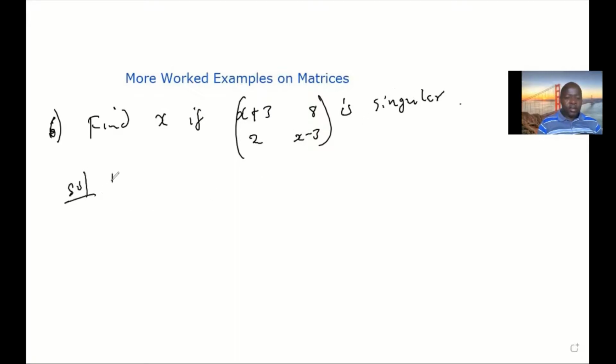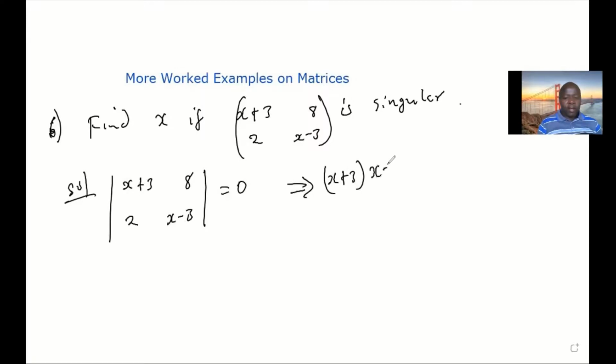We already know that the determinant of a singular matrix is 0, so let's find the determinant and equate it to 0. This will be x plus 3 multiplied by x minus 3, then minus the other diagonal, which is 16, equals 0.